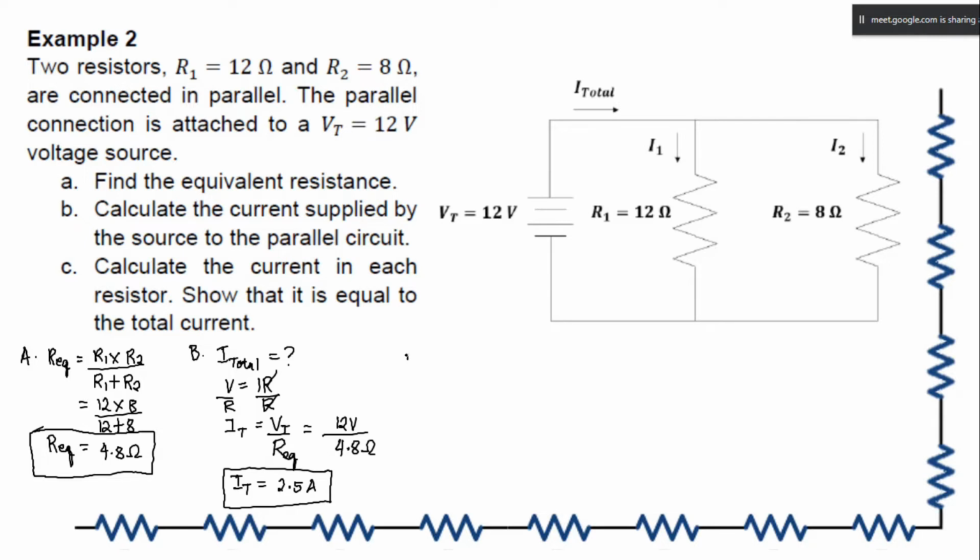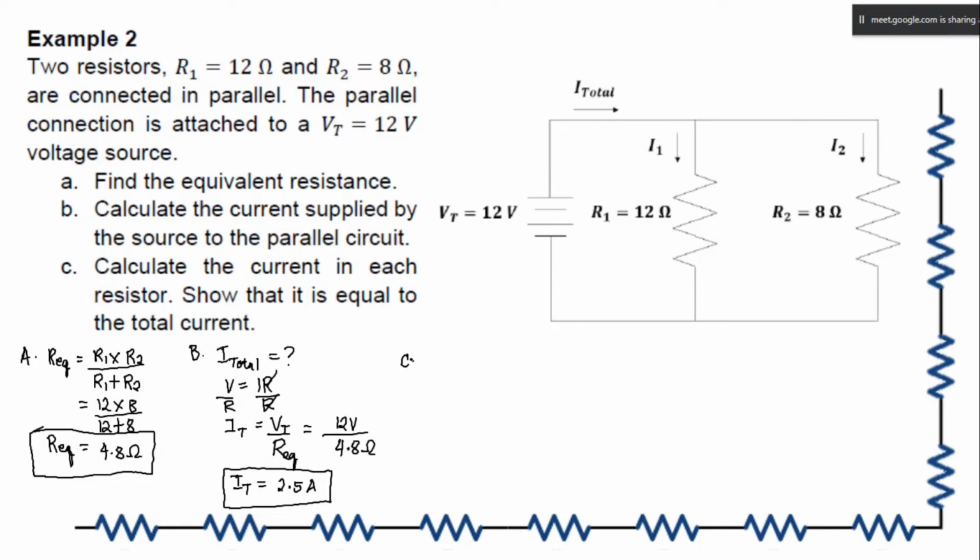Proceed tayo kay letter C. Ang sabi ni letter C, we have to calculate the current in each resistor. Then, let's show that it is equal to the total current. Going back to our network, there we are given two resistors connected in parallel. So, ano po yung magkapareho sa kanilang dalawa? Is it the current or is it the voltage?